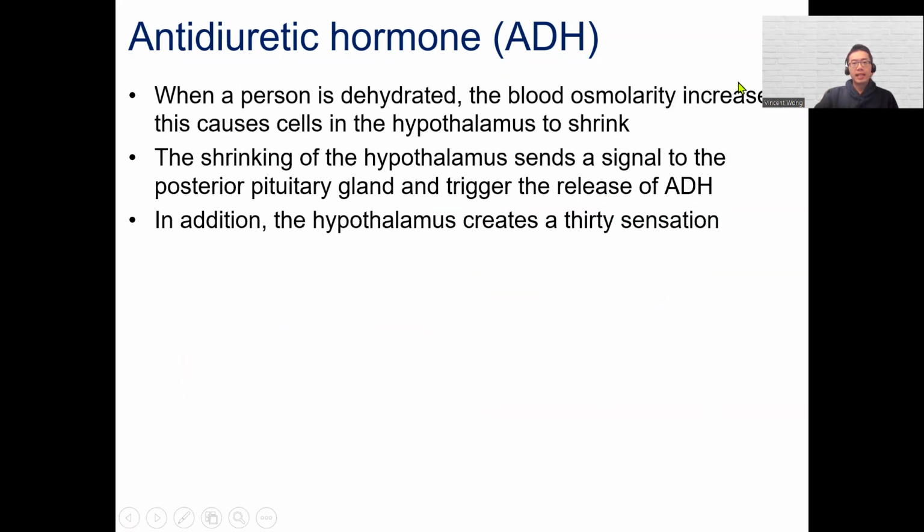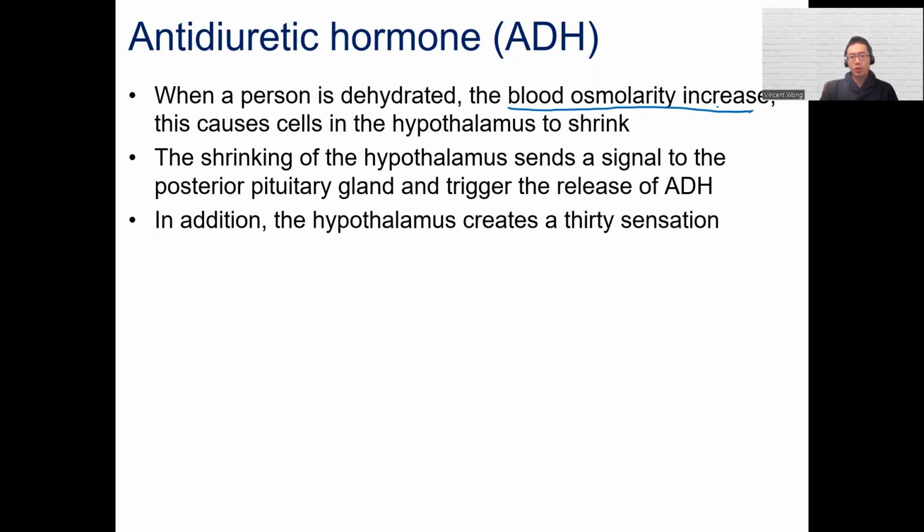When a person is dehydrated, the blood osmolarity increases. That should make sense to you, right? Your blood is more concentrated when you have less water in it. So if you're sweating excessively, if you're not replenishing your body with water on a hot summer day, you get dehydrated, and then your blood concentration goes up.